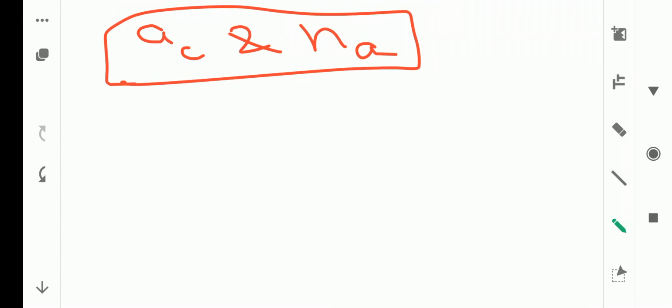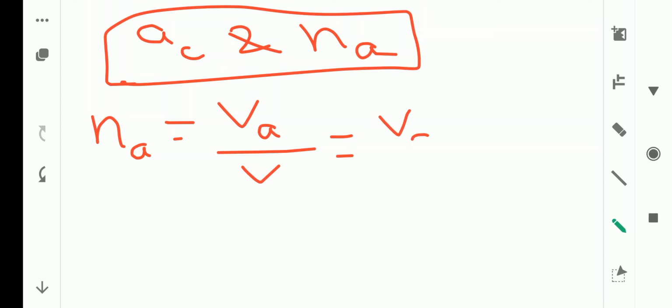Now we know that percentage air voids is nothing but volume of air by total volume, correct? And we can write it like this. Can we? Just tell me. Because volume of voids and volume of voids can be cancelled, hence it is VA by capital V. So it's okay, right?